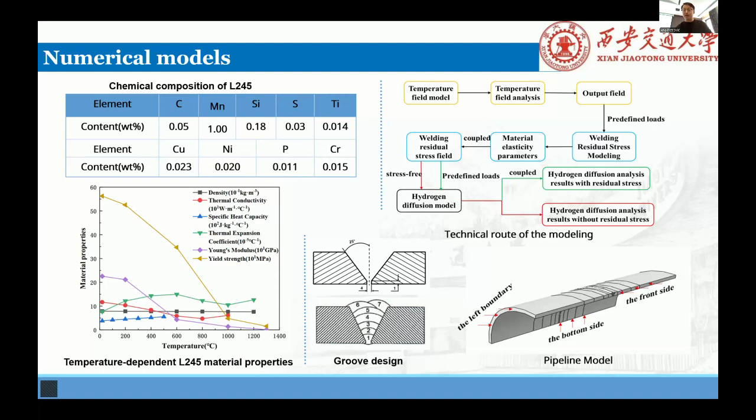Step 2 is the hydrogen diffusion simulation, which is coupled with the hydrostatic stress field. Step 3 is the analysis of hydrogen enrichment with and without hydrostatic stress. Finally, the groove design and the pipeline model shown here define the geometry used in the finite element analysis.